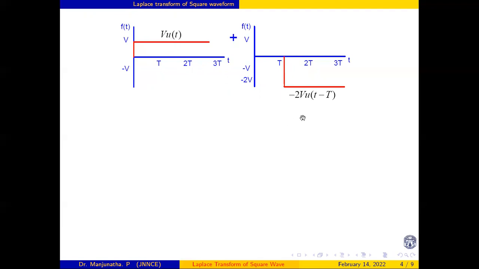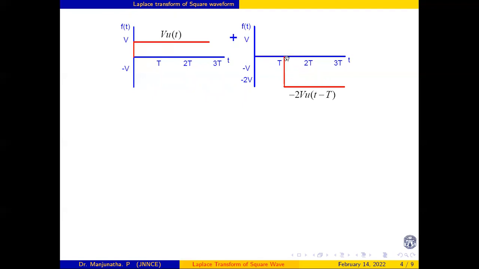So plus V and minus 2V, when I add these two, it is minus V. And I introduce this unit step function at time capital T, so it is delayed by a period T. So minus 2V is its magnitude, and u of t minus T.